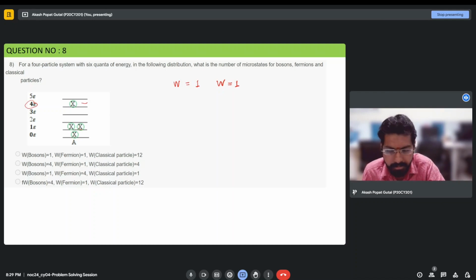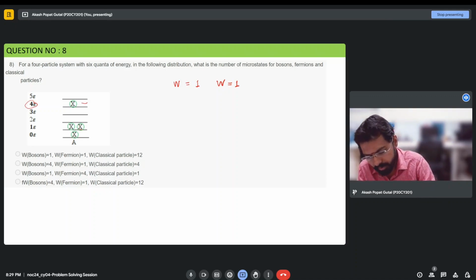But if you consider the classical particles, we know that they are distinguishable. And once they are distinguishable, what are the arrangements we need to calculate? Let's start from the bottom.